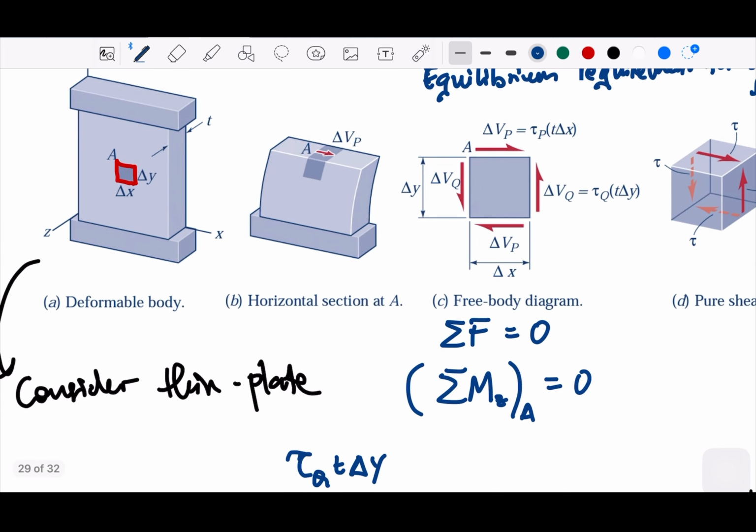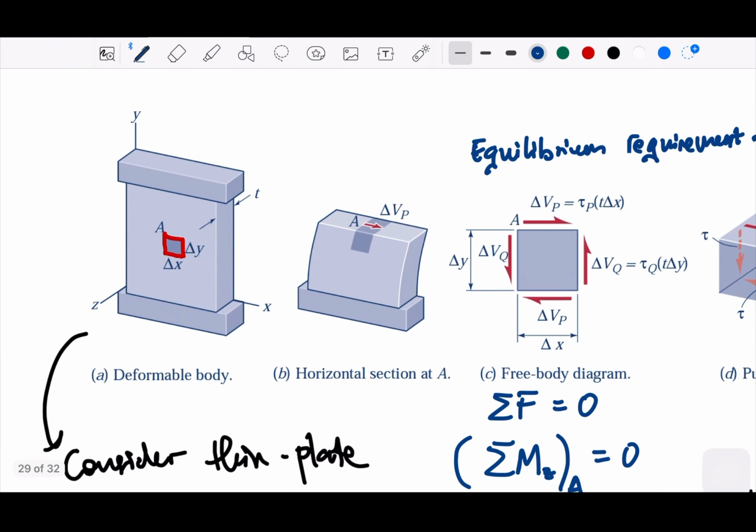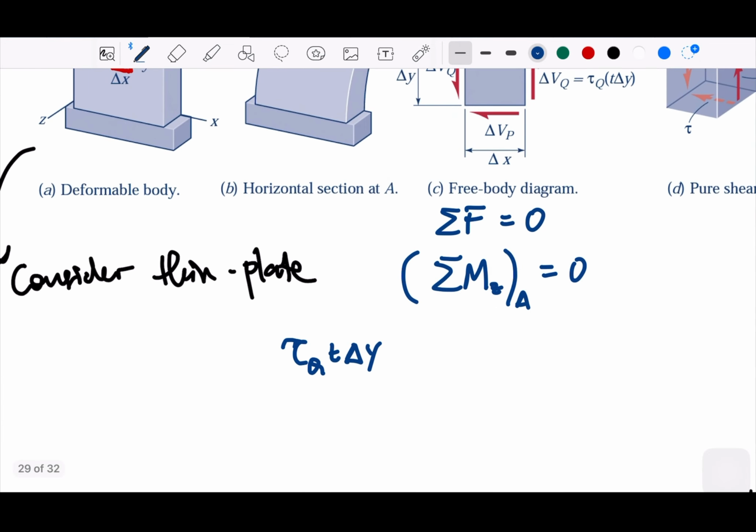T is the thickness, here. T delta y, and then multiply with delta x, minus the P and delta y.